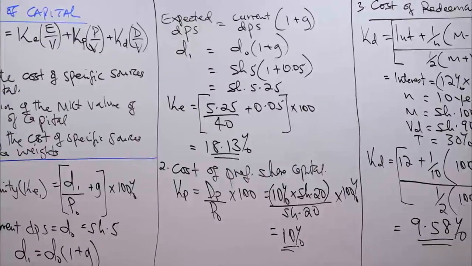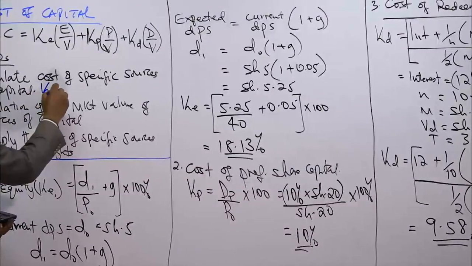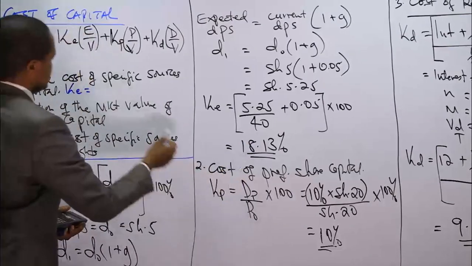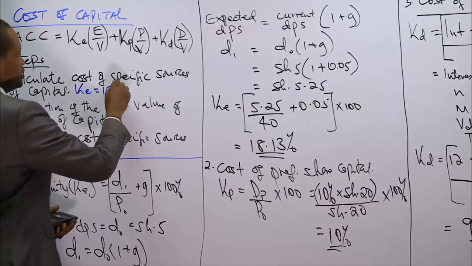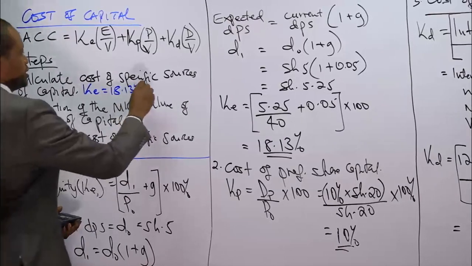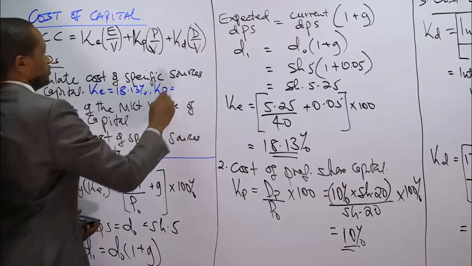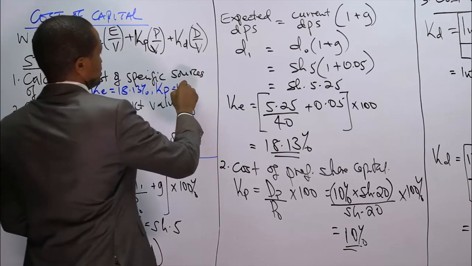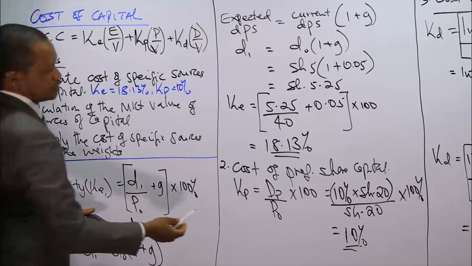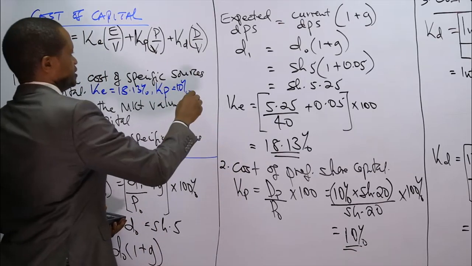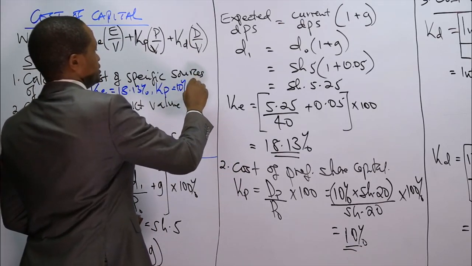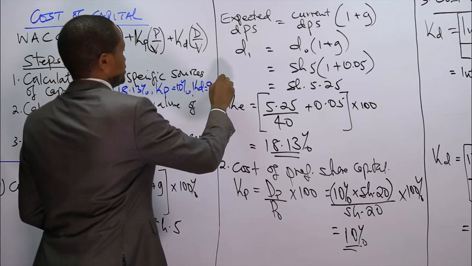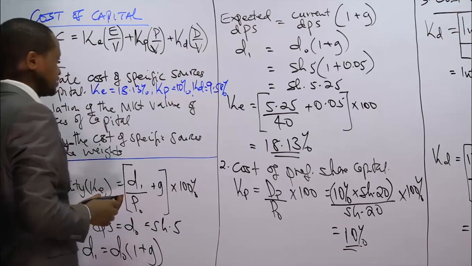And we have seen that KE is 18.13%, KP, cost of preference shares, is equal to 10%, and KD is equal to 9.58%. That is the first step.